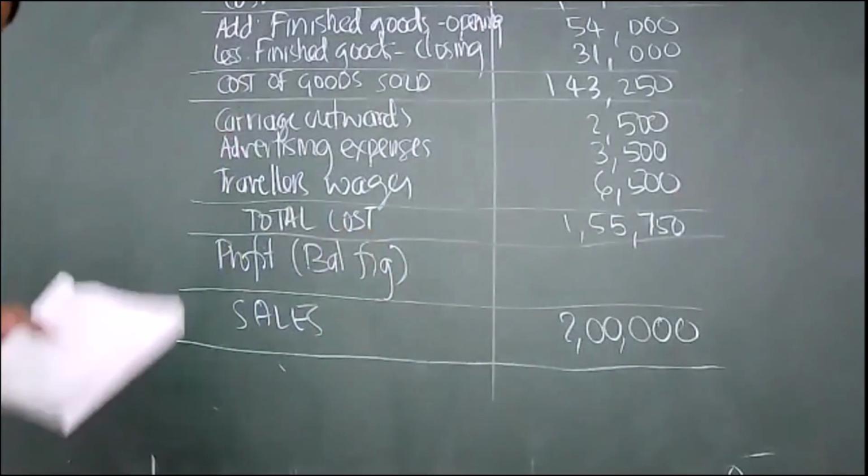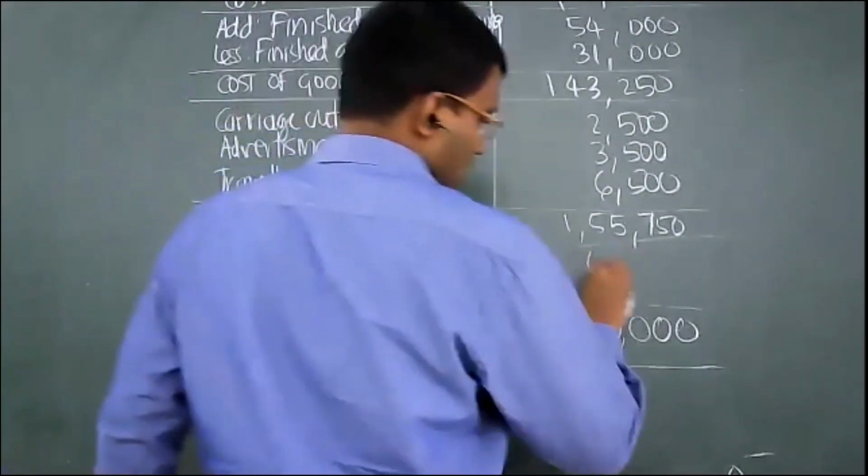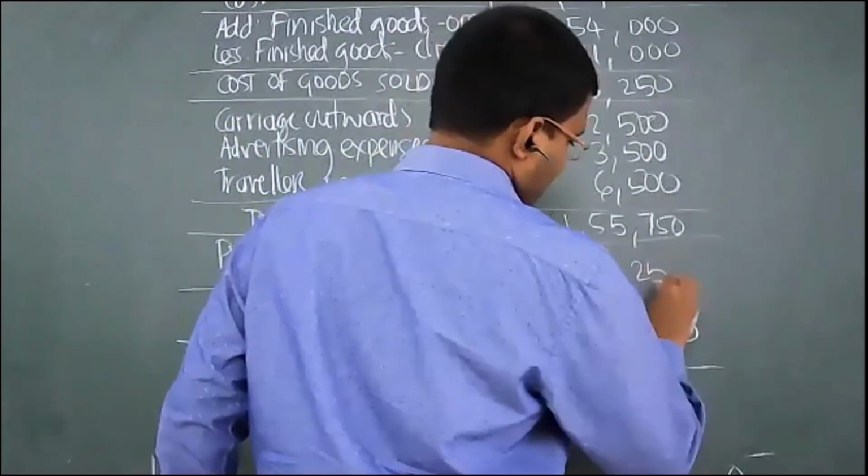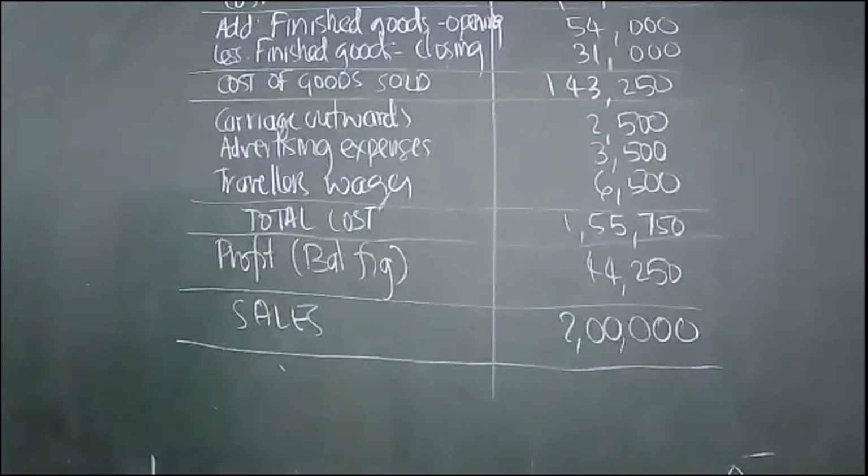So now the balancing figure is your profit, and the balancing figure is 44,250. With that, we have completed the cost sheet.